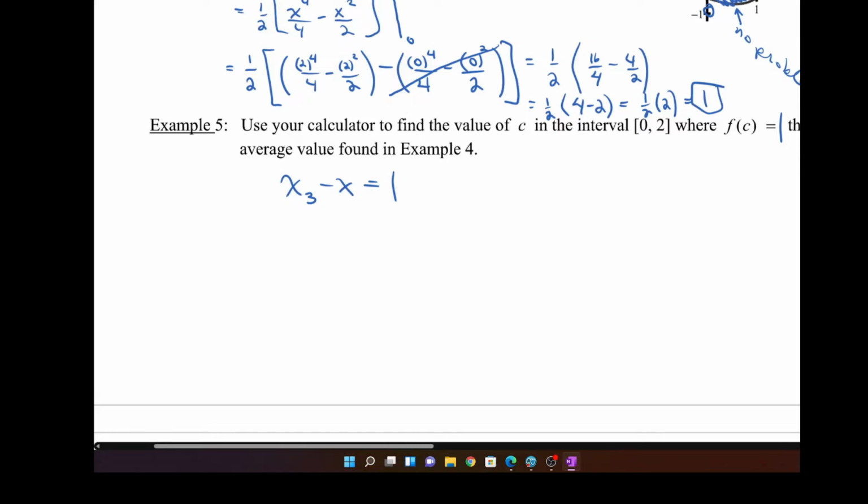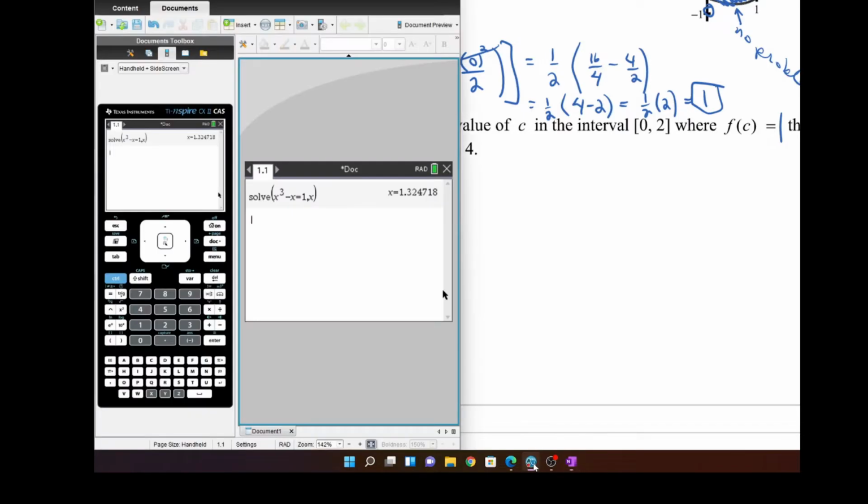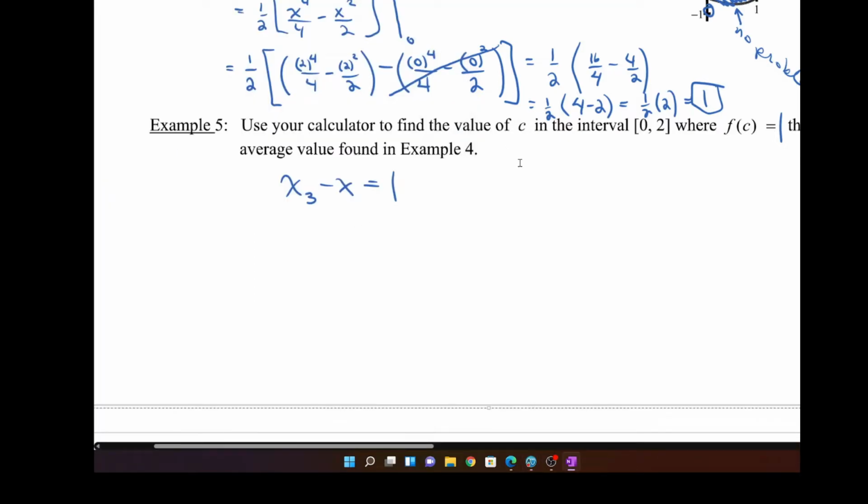Now I did a solve. Okay, so hold on a second. Yeah, I did a solve. Let me see if I can find it. There it is. So x cubed minus x equals 1, comma x. I got 1.324. So x equals 1.324. And oh, whoops, right here.